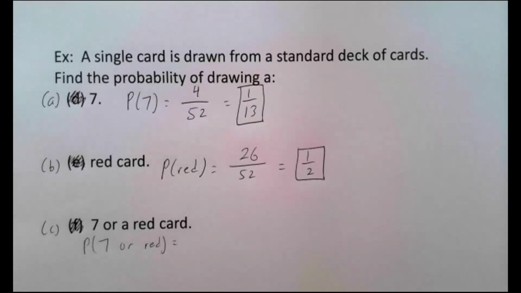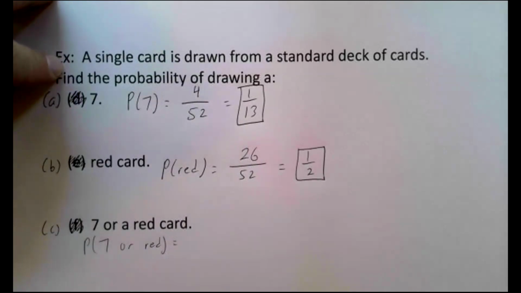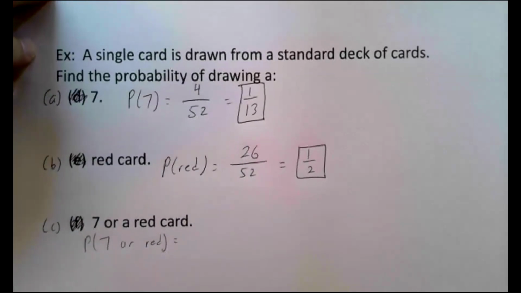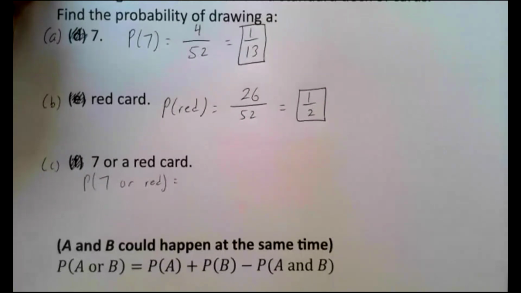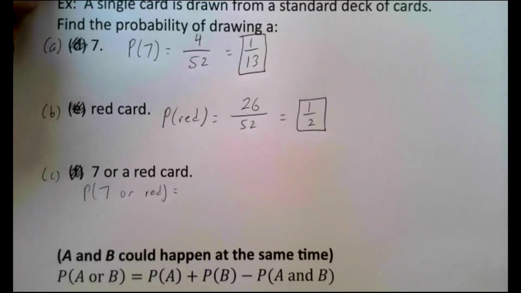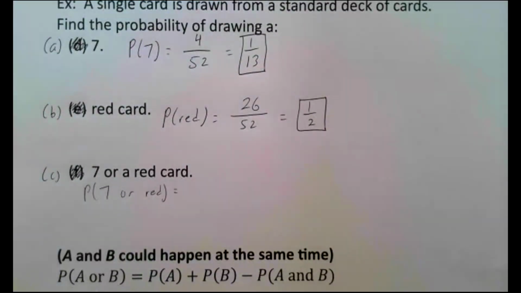And so when things could happen at the same time, that means we have a different formula. When things could happen at the same time, that means those two events are not mutually exclusive. So we have a different formula to follow. Remember, this formula has this minus part at the end. So let's go through it and let's try to understand why we'll follow this new formula.